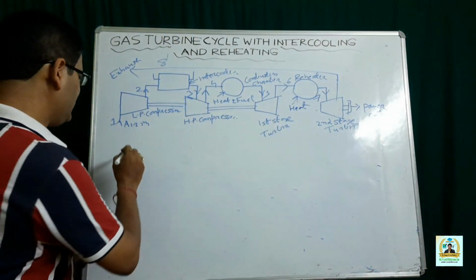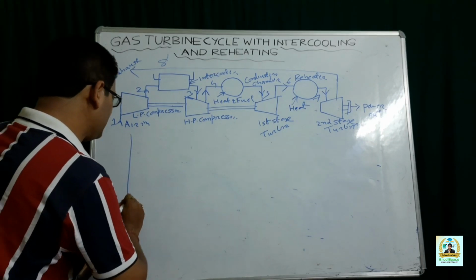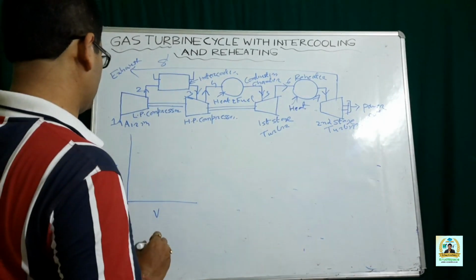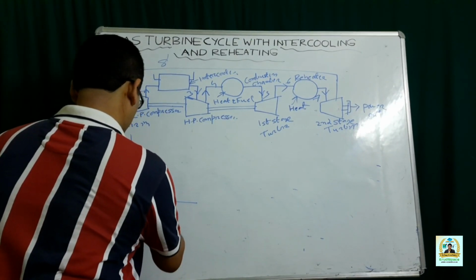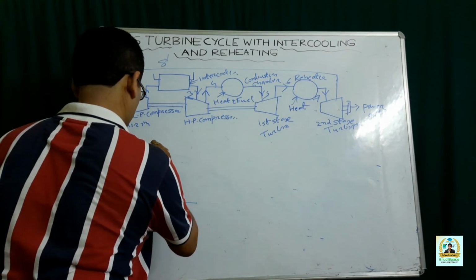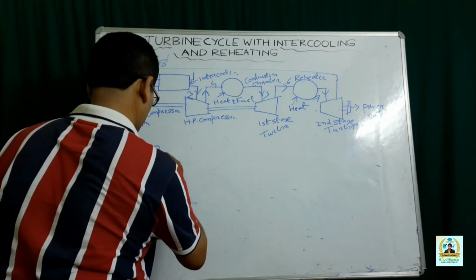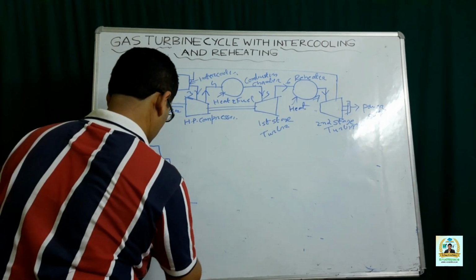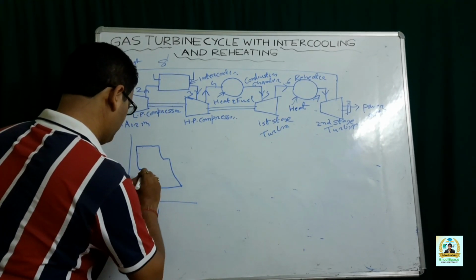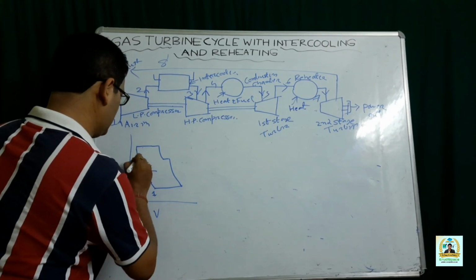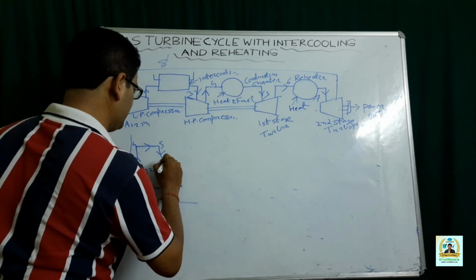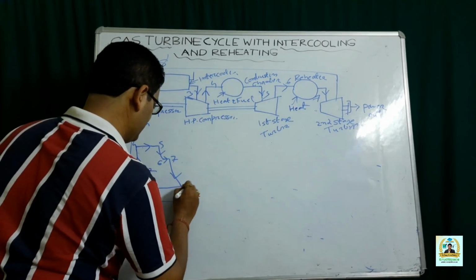Now, let me draw the PV and TS diagram to explain the different processes. Your processes are 1-2, 2-3, 3-4, 4-5, 5-6, 6-7, and 7-8.